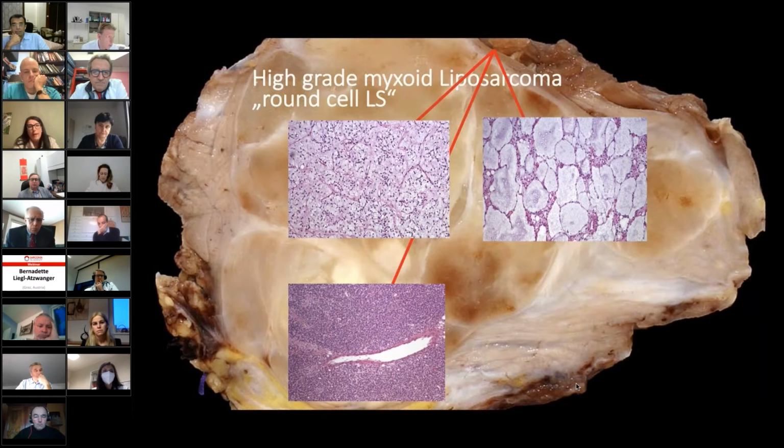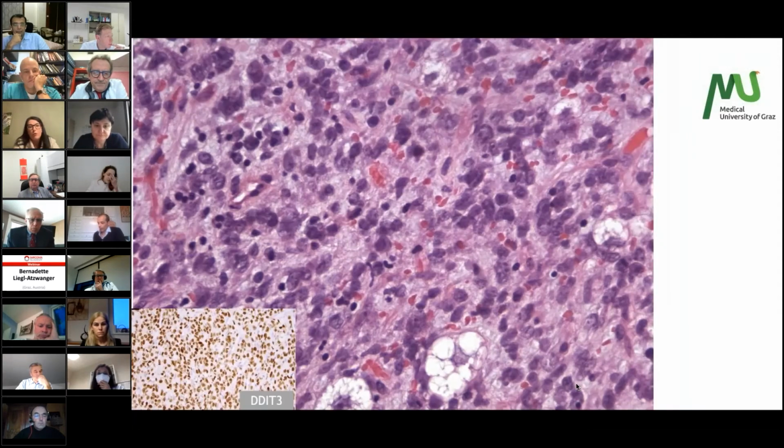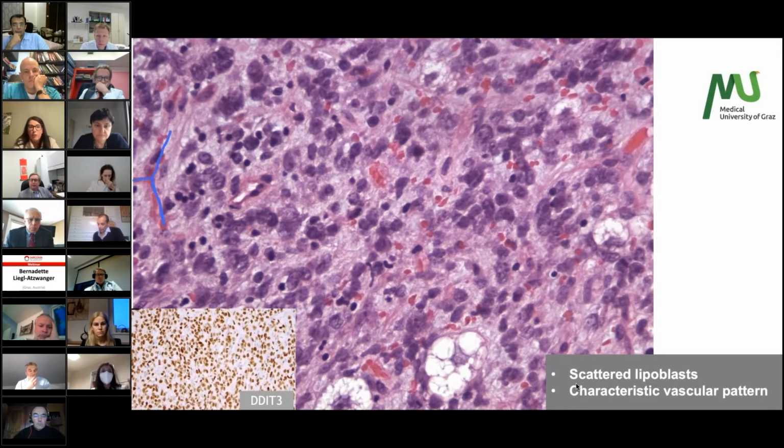However, if we do not have any imaging results, we do not have any information, and we get only a biopsy with this round cell morphology, it gets much more tricky for us because we have to search then for individual lipoblasts or for some vessels in the background.